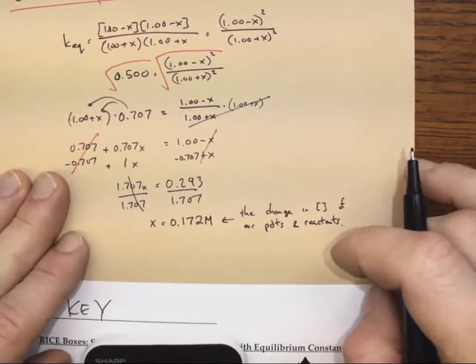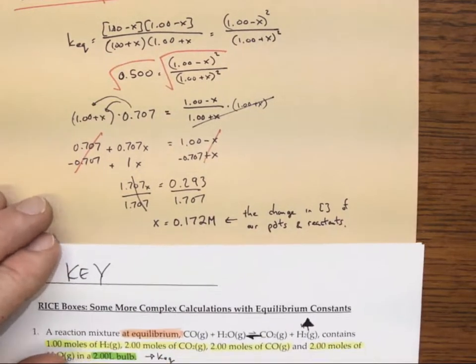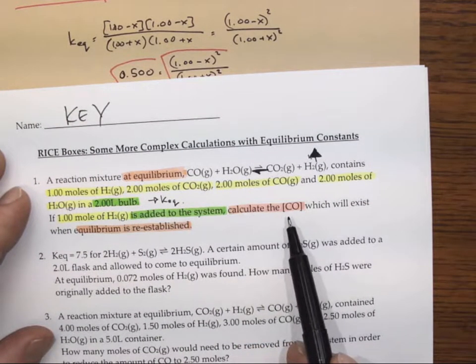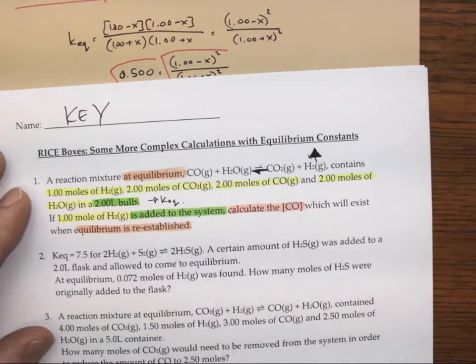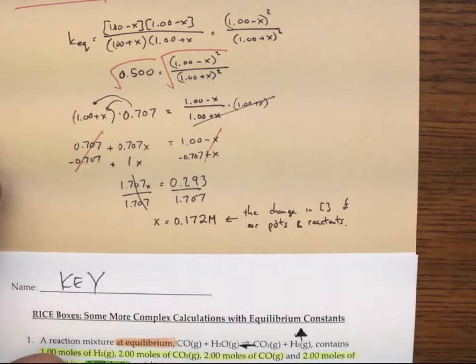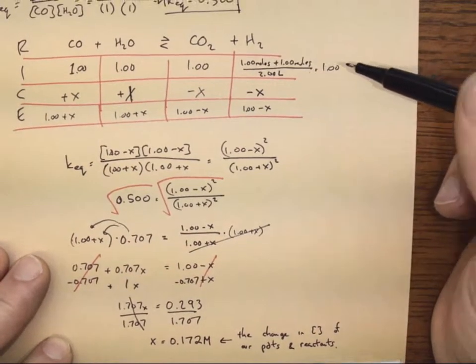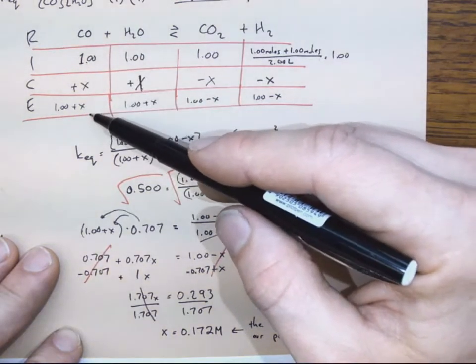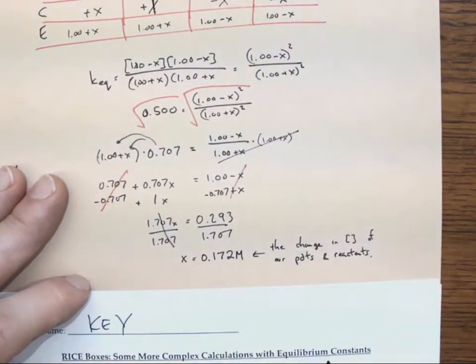Well, whatever. Now, that is not what we were asked for. We were not asked how much did the products and reactants change. If we look back at our question, we're asked to calculate the carbon monoxide concentration, which exists when equilibrium is reestablished. So if we look, we see our carbon monoxide concentration after equilibrium is reestablished is 1 plus our value for x.